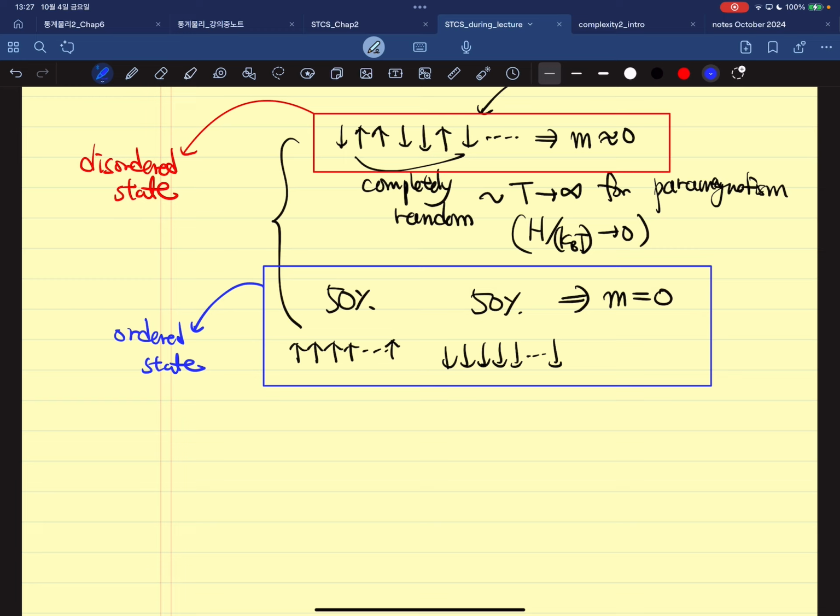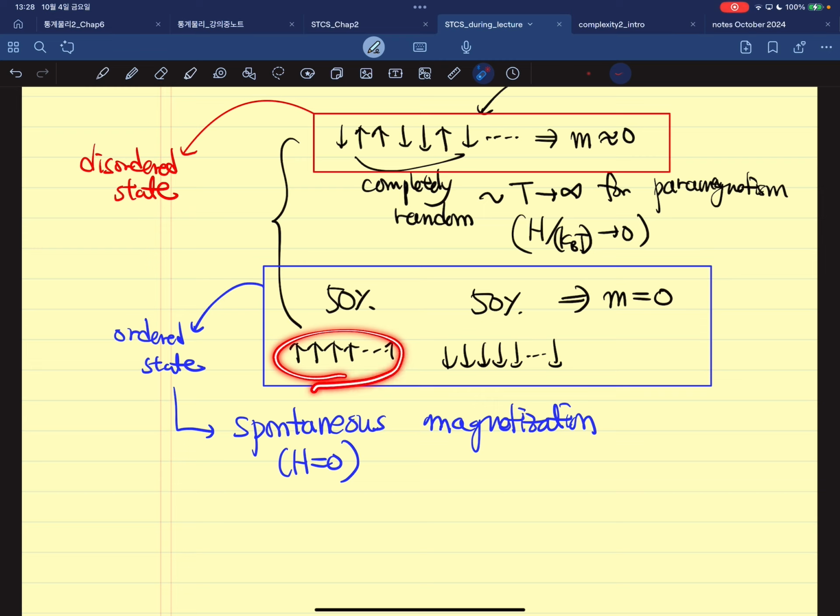So this ordered state is spontaneous magnetization. This is spontaneous: even if the external field is 0, the spins themselves align to each other so that they can have this magnetized state.